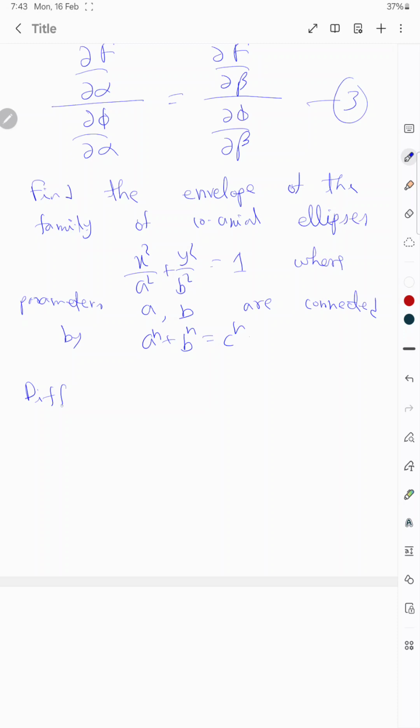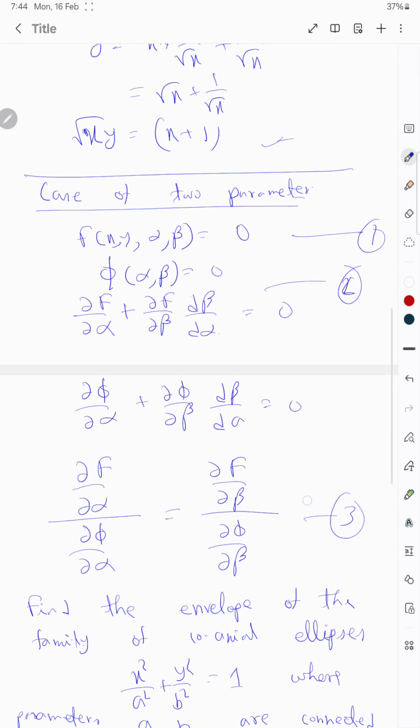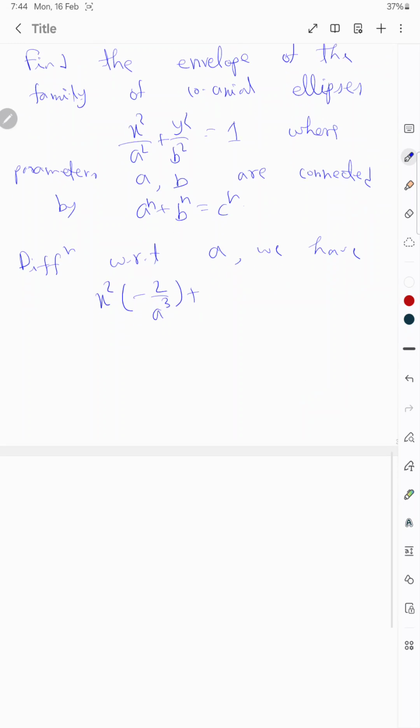So differentiating with respect to a, we have x square into minus 2 by a cube plus, you see this is like del f del b, so you have to use del f del b, then you have db da. So with respect to b, this one will be minus 2 by b cube y square into db da equal to 0.